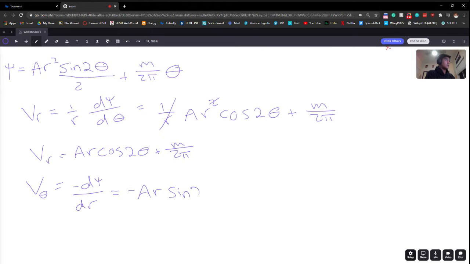The constant drops out, so we're left with v sub theta equals negative a r sine 2 theta.